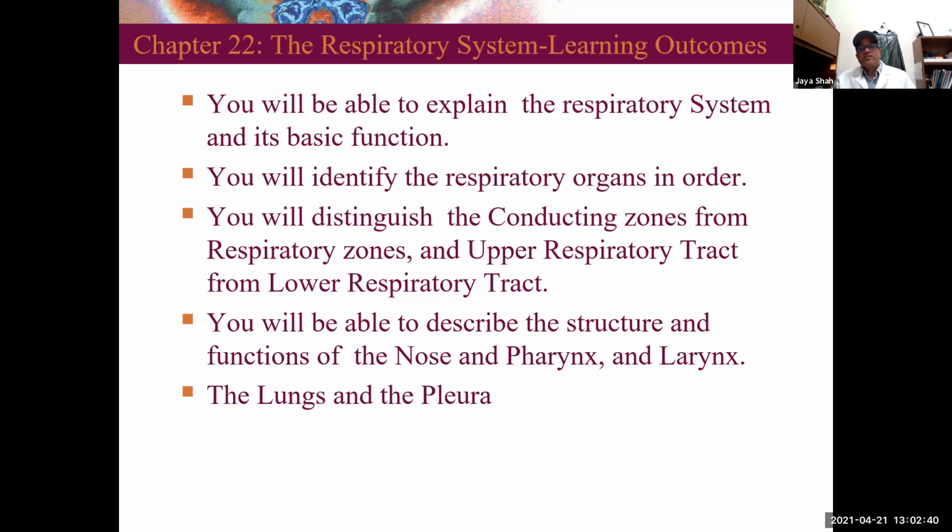This tract can be divided into upper tract and lower tract, as well as the respiratory zone and conducting zone. So we'll talk about what is the conducting zone, what is the respiratory zone, which part of the respiratory tract is upper and which part is lower. Then we will talk about the structure and function of all other parts of the respiratory system, like nose, pharynx, larynx, lungs, and pleura. And we will talk about their function.